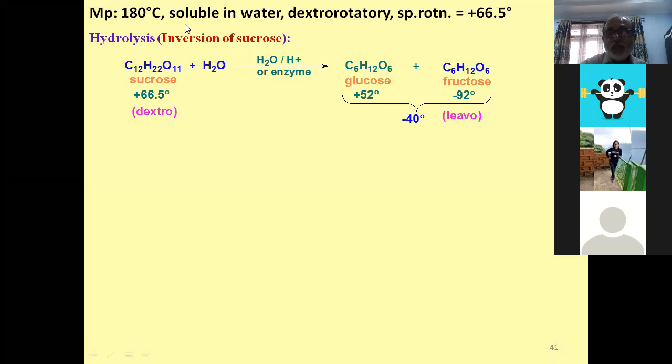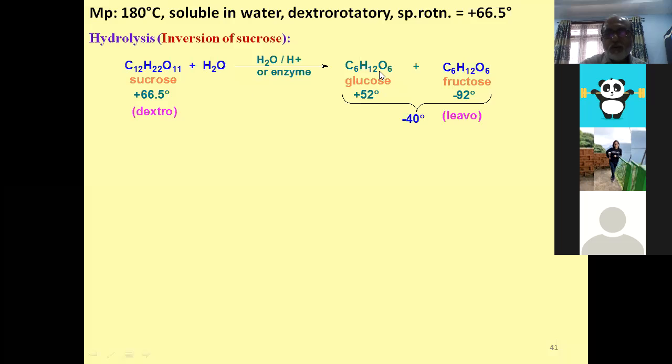Now, if we take the standard sucrose, because for the common man, sweet sugar means sucrose, table sugar. If you take sucrose sweetness as 100, fructose is 173. That means it is 70% sweeter than your sugar.